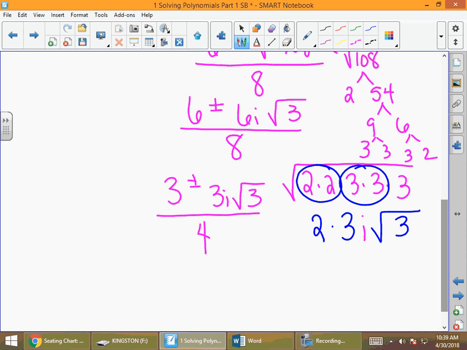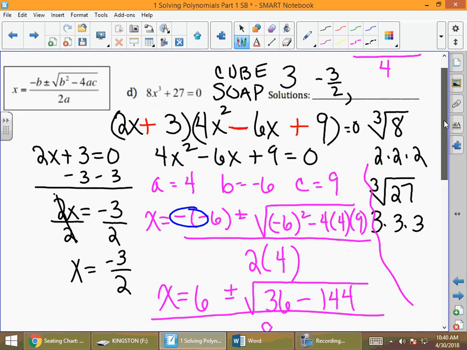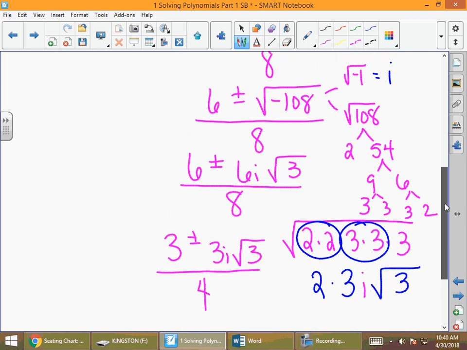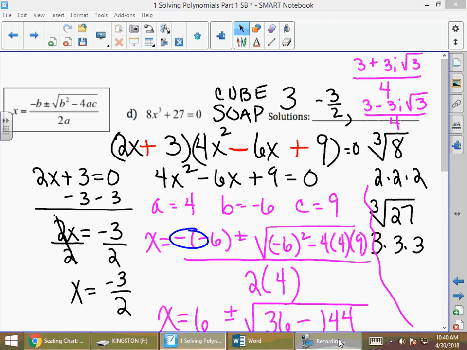But for literal people, it says three solutions, so what are those three? I'll write them out separately. It's 3 plus 3i radical 3 over 4. Just check my answer there. And then it's 3 minus 3i radical 3 over 4.